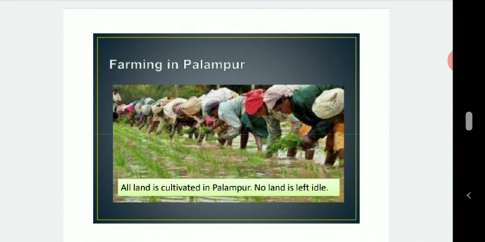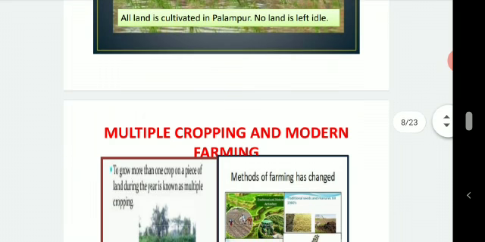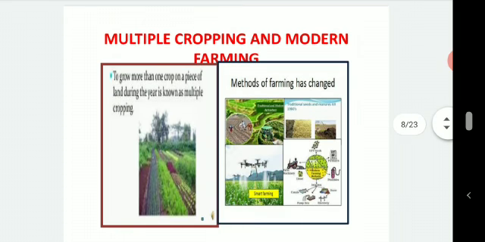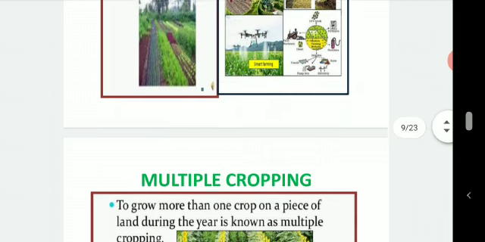The question again is how? Of course, by multiple cropping and modern farming methods. Now, we shall discuss these topics in detail.